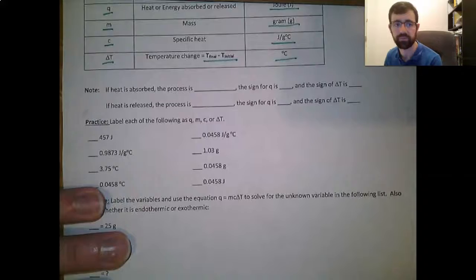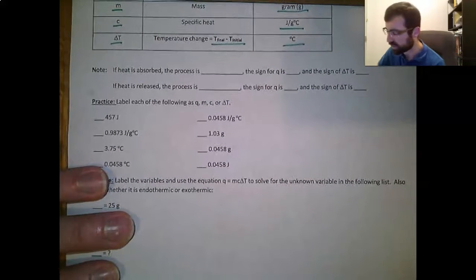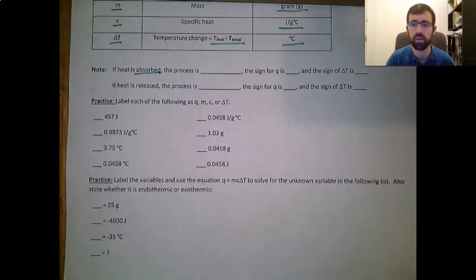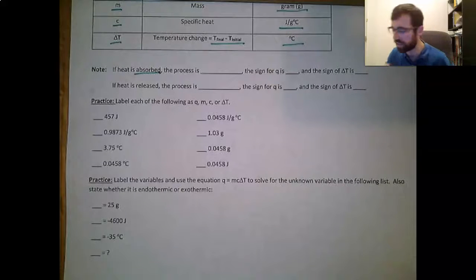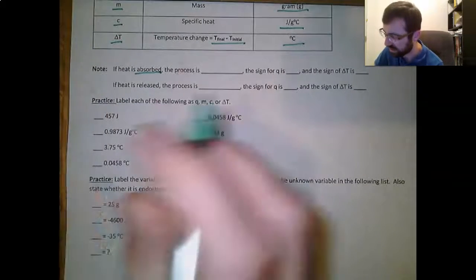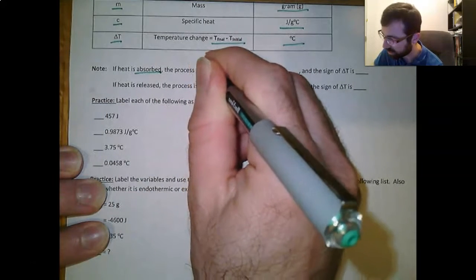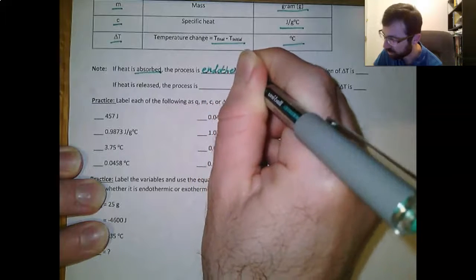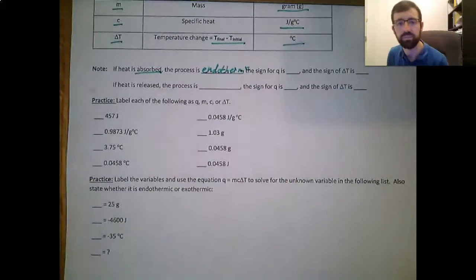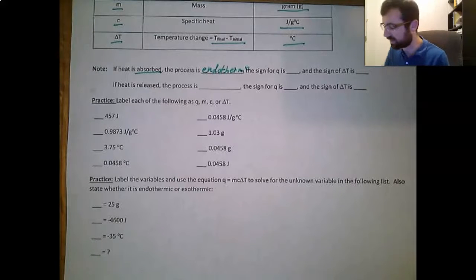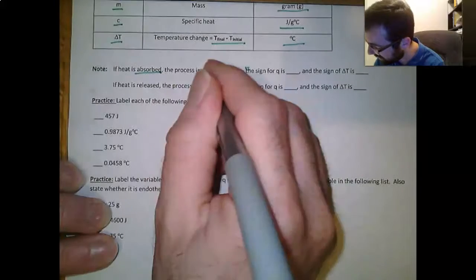Let's look down here a little bit farther. If heat is absorbed by the system, and if you've watched the endothermic exothermic video already, you kind of know this. Maybe you'll kind of know what this means. But if heat is absorbed by the system, the process is called endothermic. Actually, let me just rewrite that because that's really sloppy.